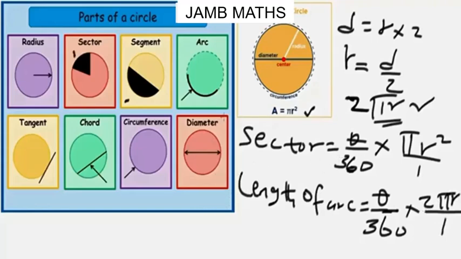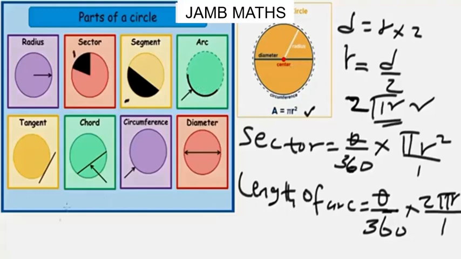Now what if you want to get the area of the segment? Okay, now to get the area of a segment of a circle, firstly you need to find the area of the triangle inside the circle. When you get the area of the triangle inside the circle, you subtract it from the area of the sector.